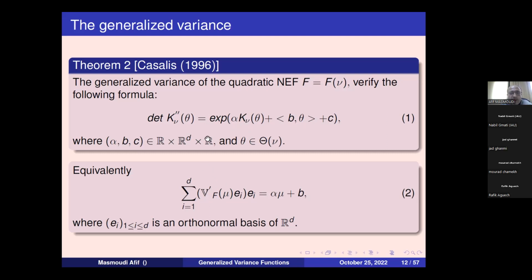Of course, we have the following equivalence between the equation 1 and the equation 2. In the equation 2, if d equal to 1, we obtain v prime F mu equal alpha mu plus b. So if we integrate with respect to the mean parameter mu, we obtain a quadratic function.